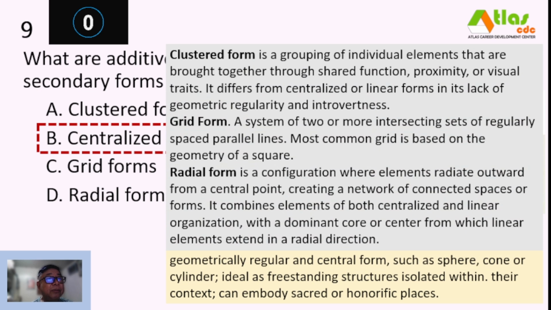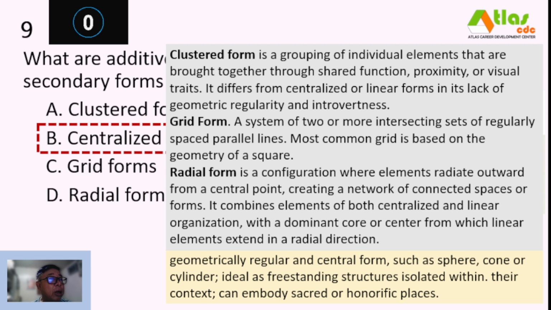Clustered form, on the other hand, is a grouping of individual elements that are brought together through shared function, proximity, or visual traits. It differs from centralized or linear forms in its lack of geometric regularity and introvertness. Grid form is a system of two or more intersecting sets of regularly spaced parallel lines.